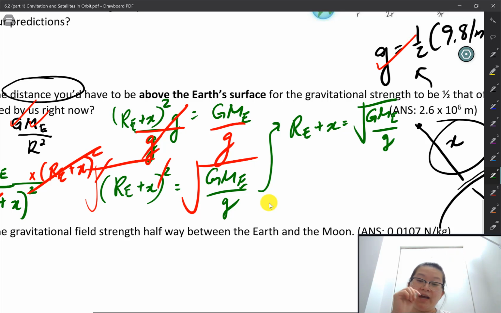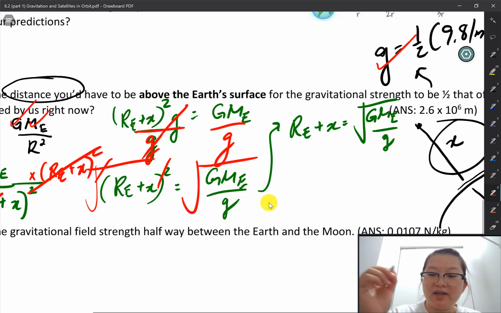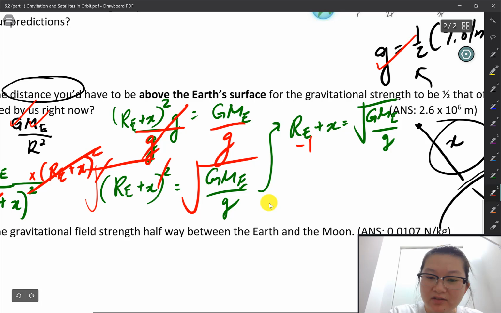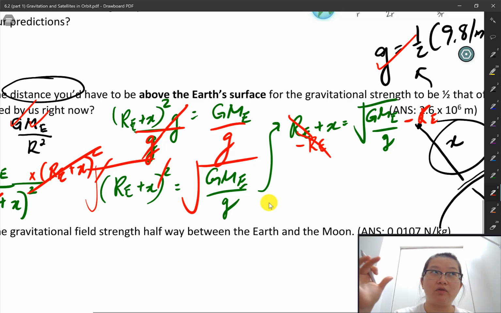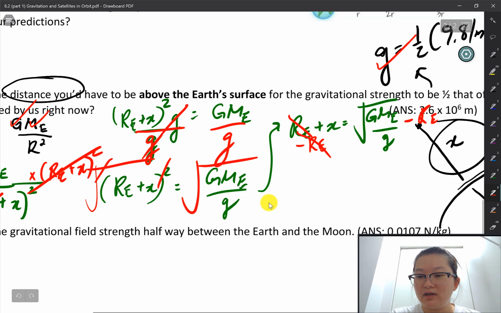Then after you take the square root of whatever's on the other side, all you have to do is subtract the radius of the Earth to get the remaining distance from the surface of the Earth to the point at which the gravitational field is half of what you experience on the surface.